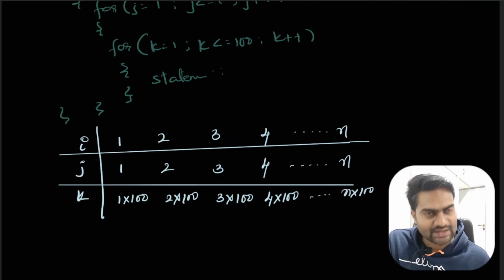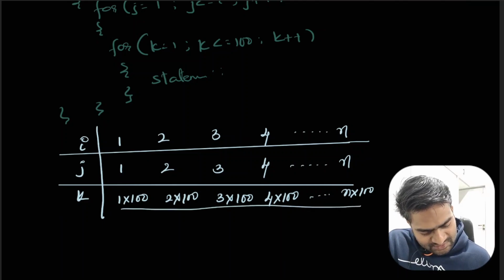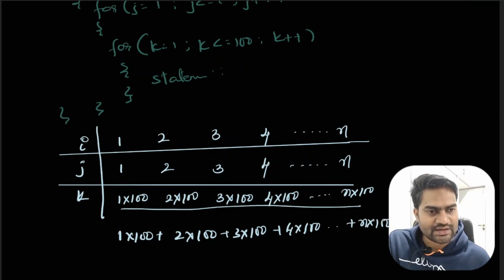Okay. So now if we want to get the time complexity, then we need to sum up these numbers. So 1 into 100 plus 2 into 100 plus 3 into 100 plus 4 into 100 and so on plus n into 100.